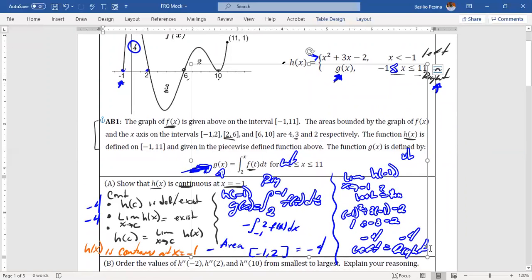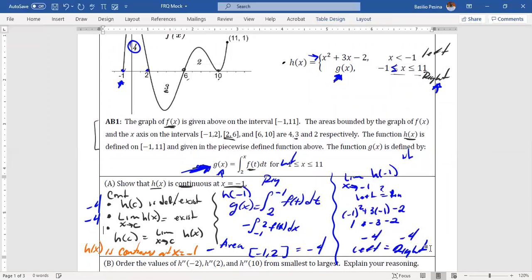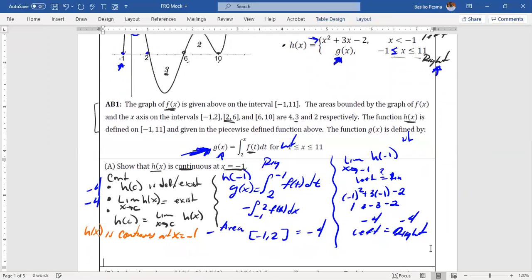And I'm running out of space, guys. Because it meets the 3 conditions of continuity.